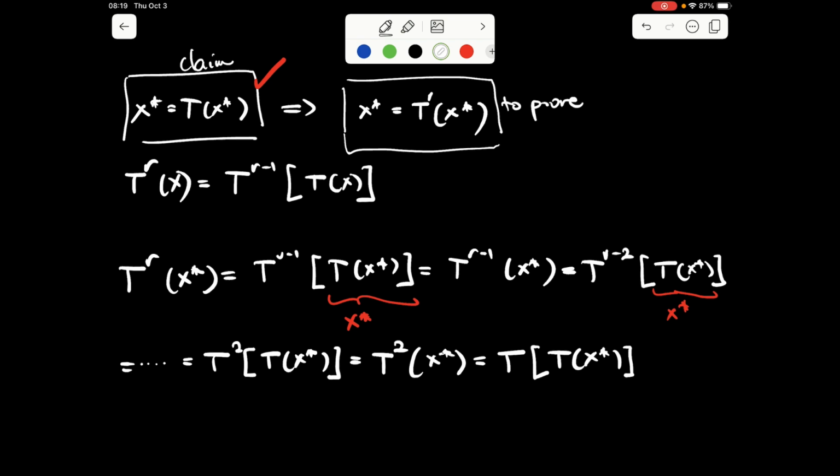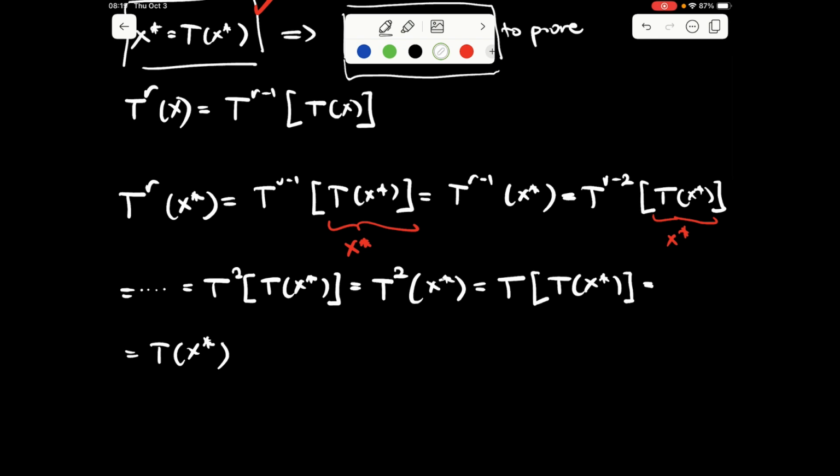We are decomposing again. Then this is the final step, and by assumption, this is the fixed point. So finally we demonstrated that the fixed point of the operator t is also the fixed point of the rth power of the same operator. So as you can see, the proof is not too demanding.